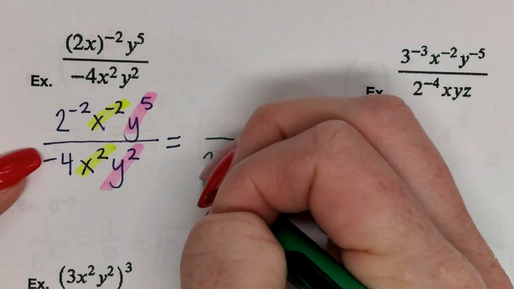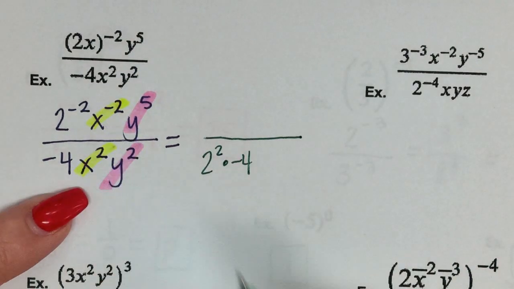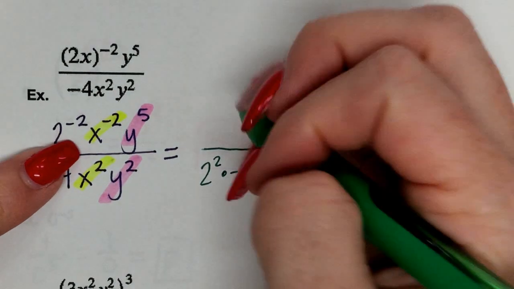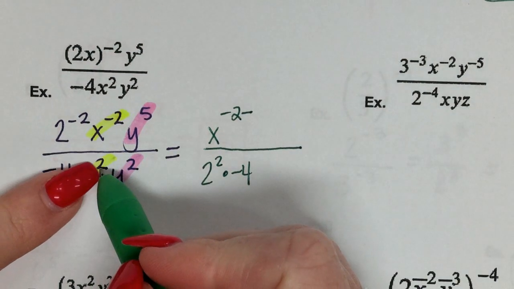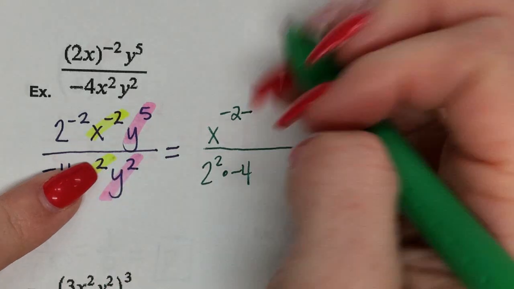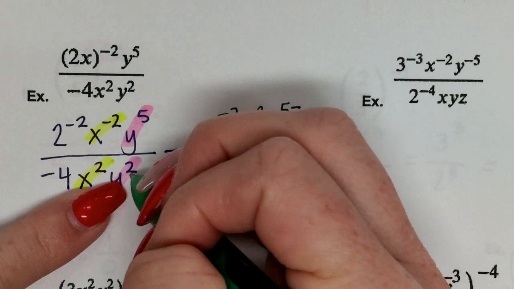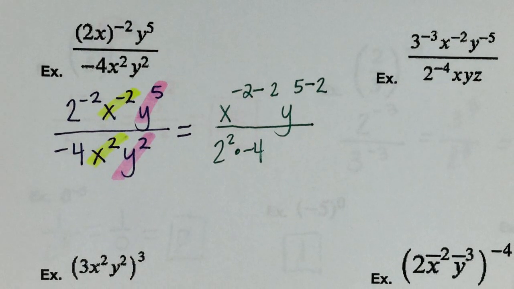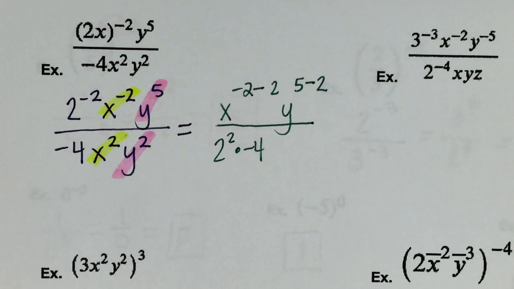So I have 2 squared times negative 4, and then I'm going to deal with my x's. When I go to subtract, bring it to the top. Okay? So I have x to the negative 2 minus, what? 2. And then I have y to the 5 minus 2. All right, now let's go figure this out.